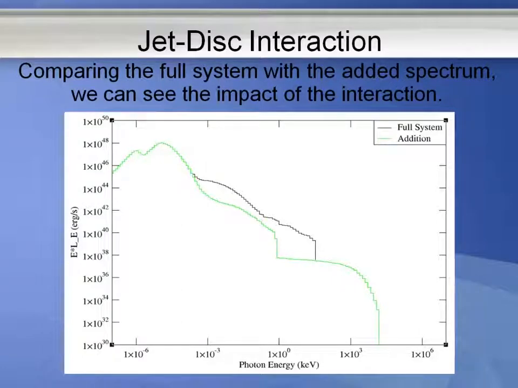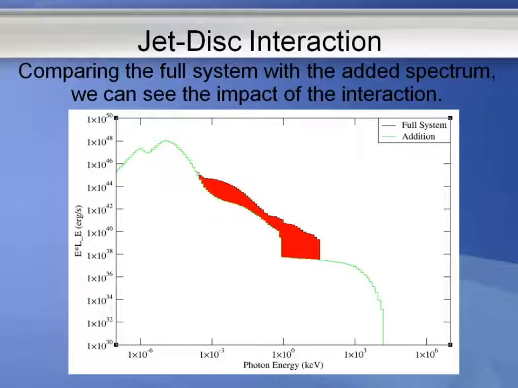And so you can see the change in the total luminosity, particularly in this region where we'd expect a lot of scattering to happen. Now, in this case, there is no velocity, and we have a fairly large interaction. So we could say that if jets weren't flowing with any appreciable velocity, they definitely need to be considered with the system, because this red highlighted region is what we get by putting them together.